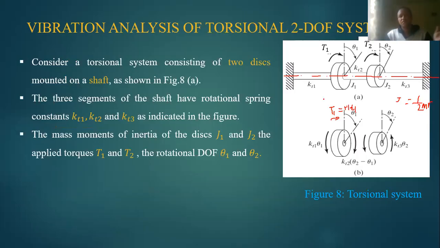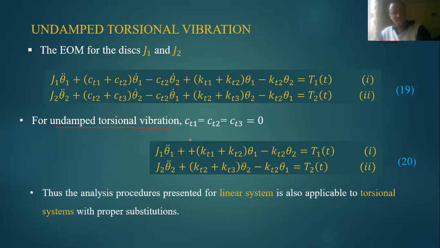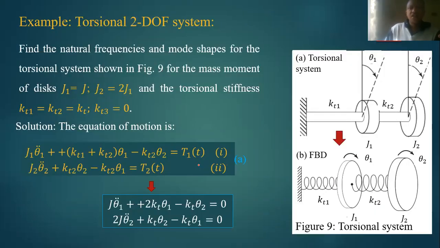Sometimes our flywheels are rotating in some viscous damping condition, because if it is working in a fluid media, there may be viscous damping in the actual case. The next procedure, which we have seen for the linear system, is completely the same. It is a simple substitution of parameters into this system.